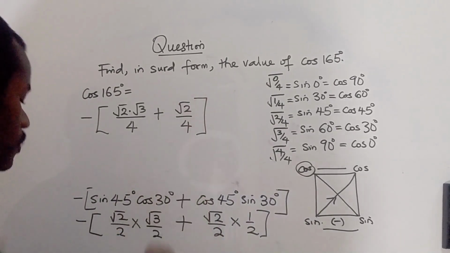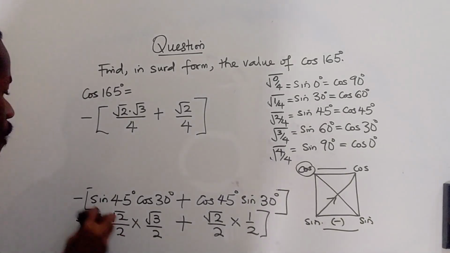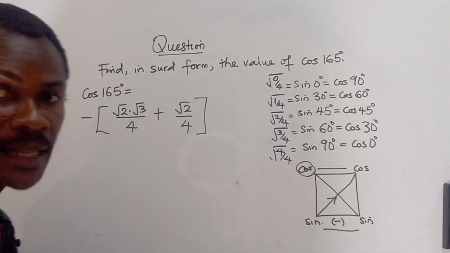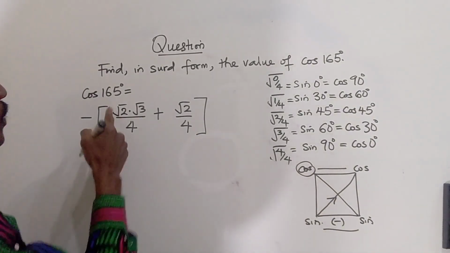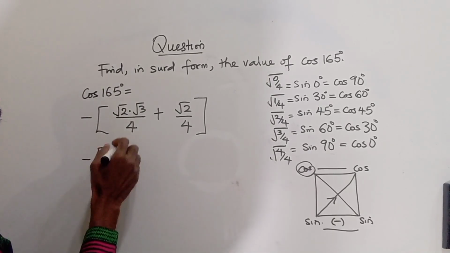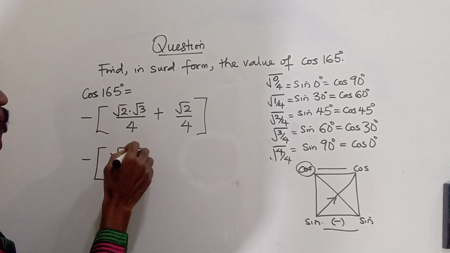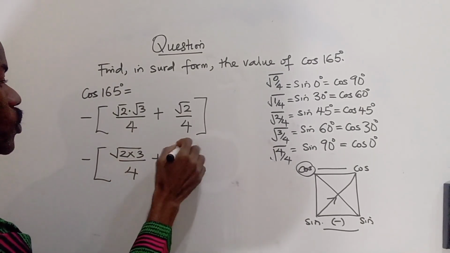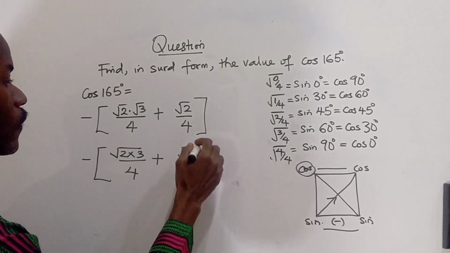Now we can apply the basic rule of surds. So this can become minus, square root of 2 times 3 over 4 plus square root of 2 over 4.